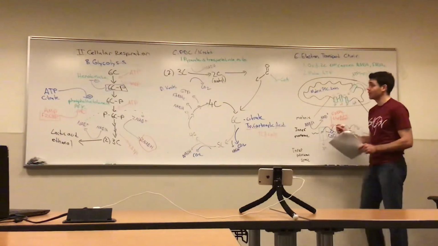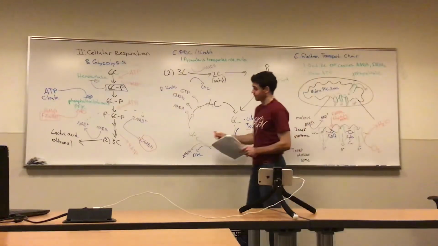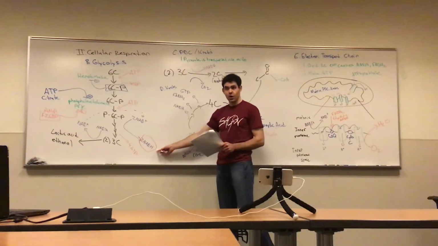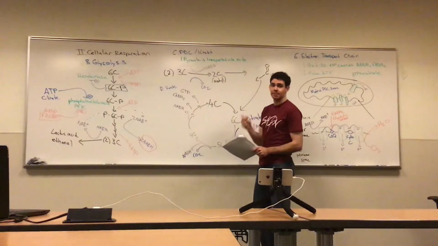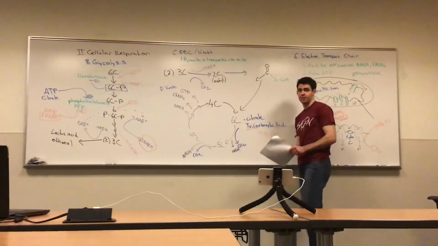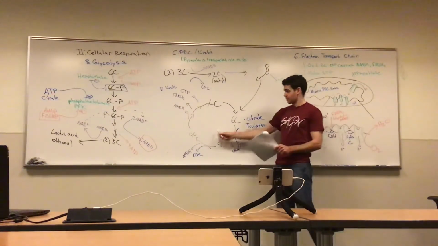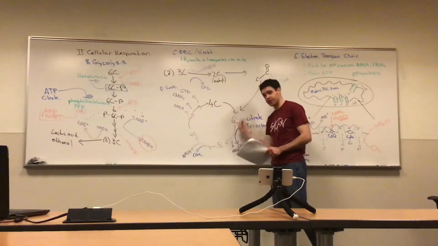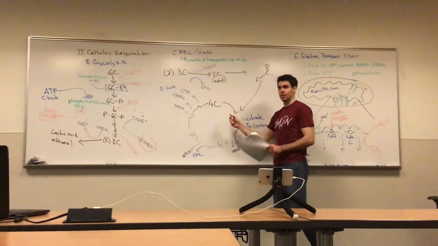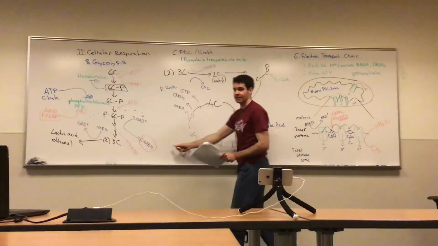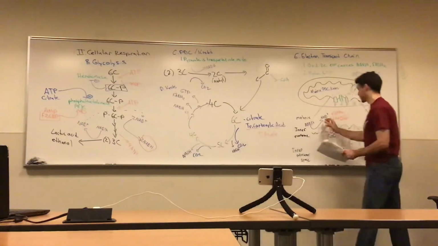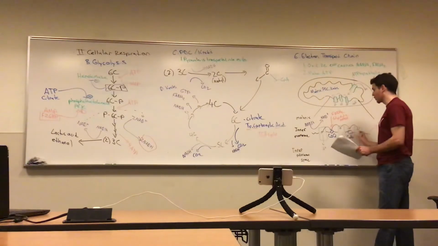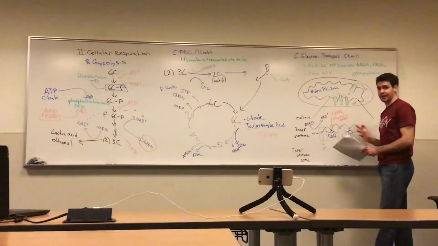So for the glycolytic NADH, we get fewer ATP per Krebs cycle NADH, because these are already within the matrix, right? Whereas this is in the cytoplasm, has to be transported in, so it gets dropped off here, so we get fewer ATP per glycolytic NADH.